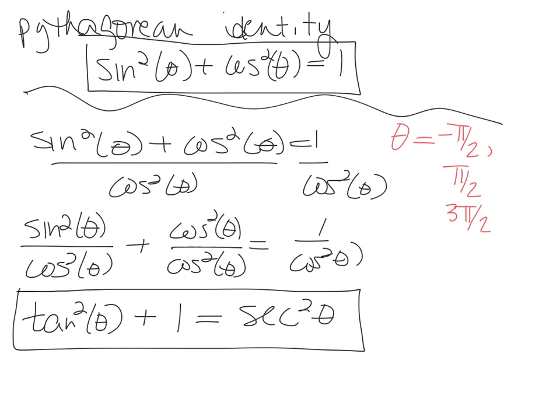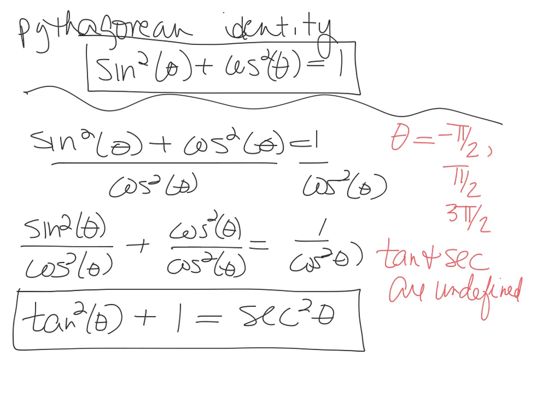We've used that one a lot, right? What happens when we have theta as those values? Well, tan and secant are undefined at those values because you're dividing by 0. Undefined is bad.